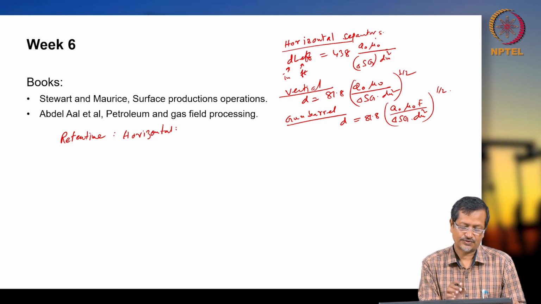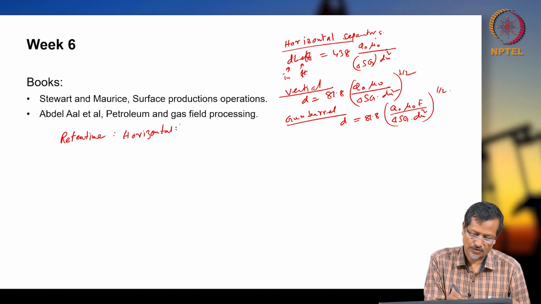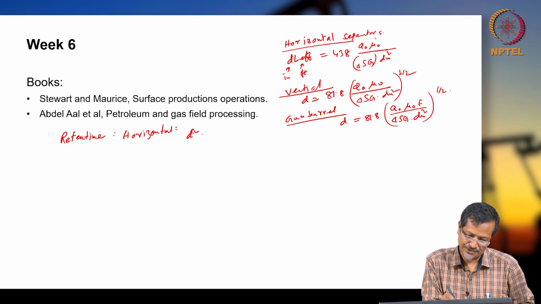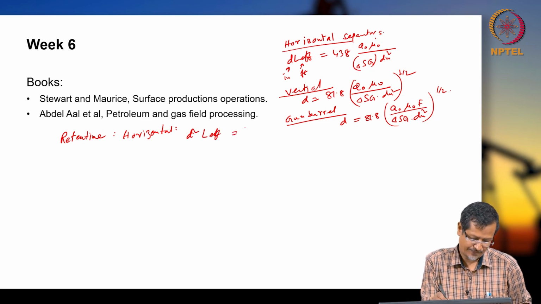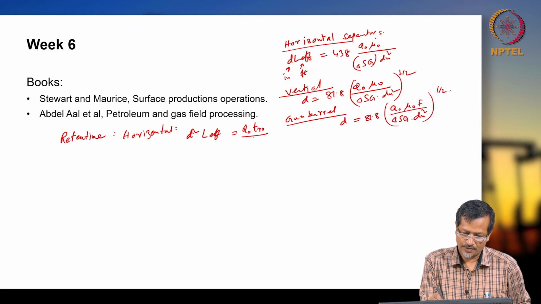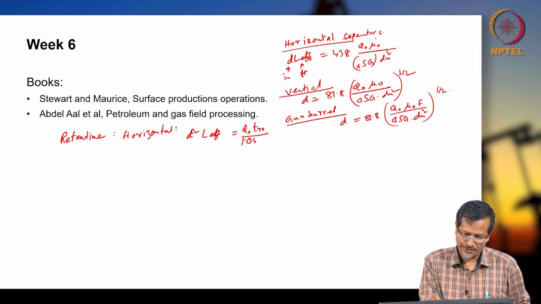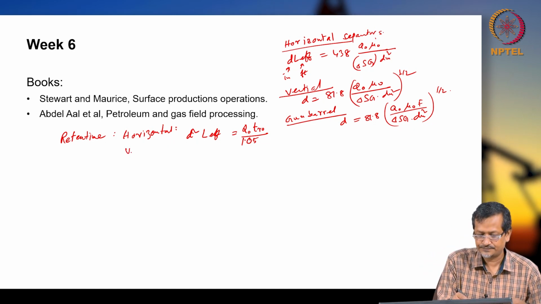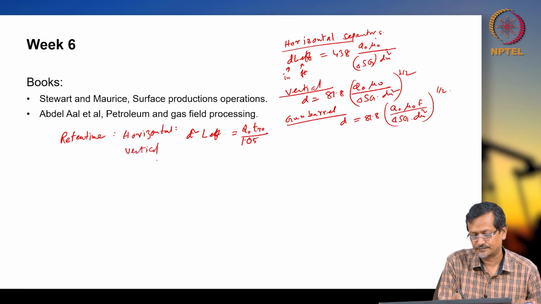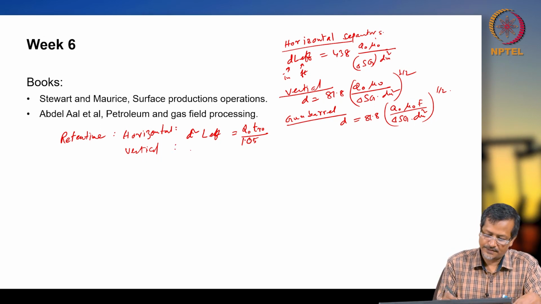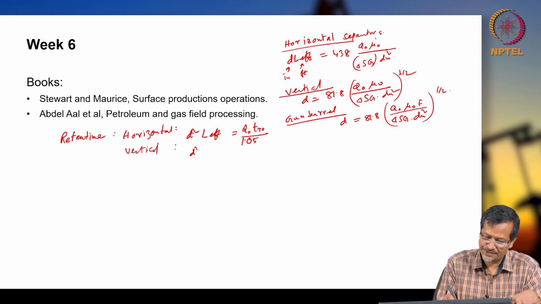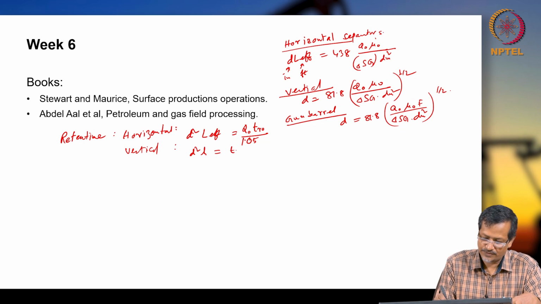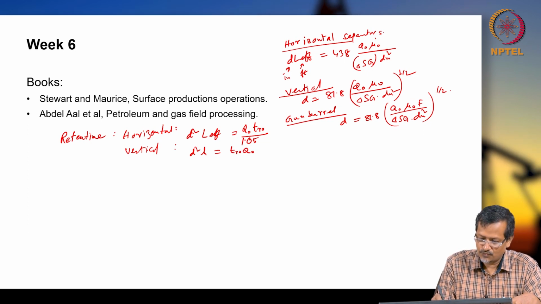The retention time formula is D squared L_eff equals Q_O t_ro over 1.05. Now for the vertical vessel, the formula changes: D squared H equals t_ro Q_O over 1.2.